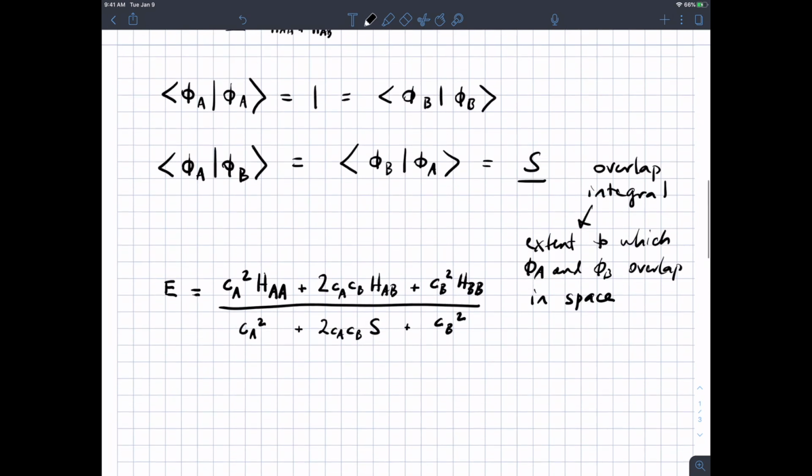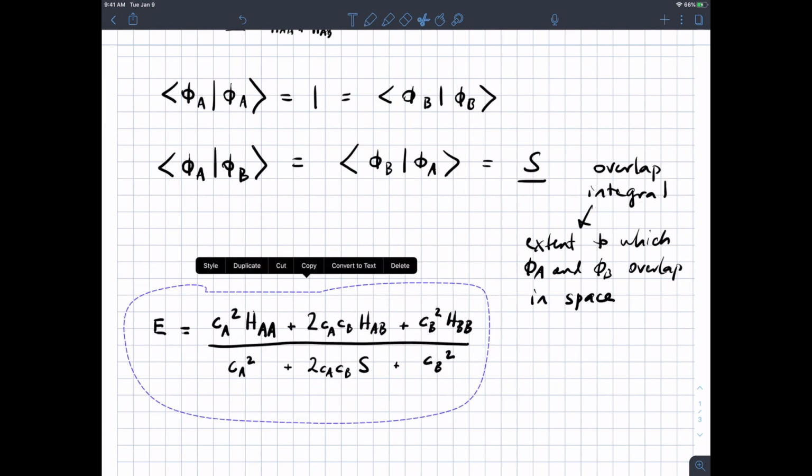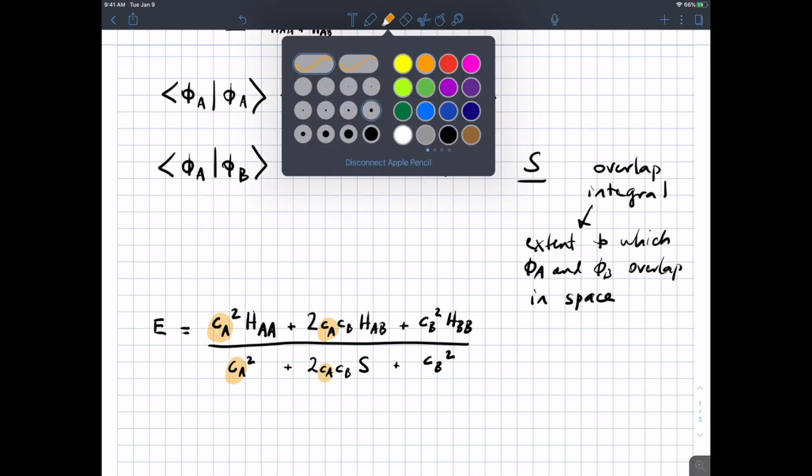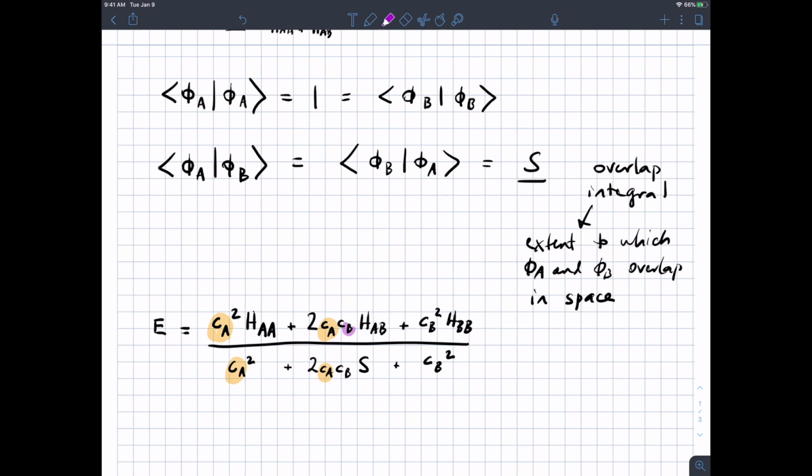Okay. So, at first glance, it may look like we've made things worse because we've now got an expression for energy that depends on coefficient A and on coefficient B, but it also depends on several other numbers that we don't know.